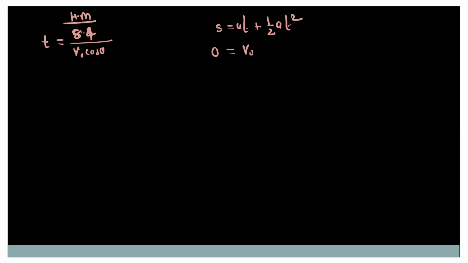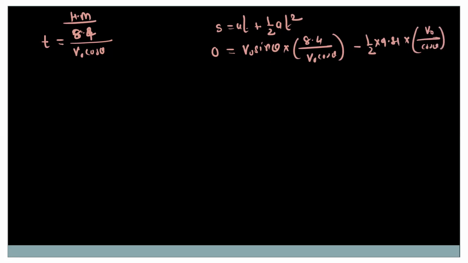Initial velocity is V naught sine theta. Put this value of t, that is equal to 8.4 upon V naught cos theta, minus 1 by 2 into 9.81 and V naught cos theta square. So try to simplify this equation.